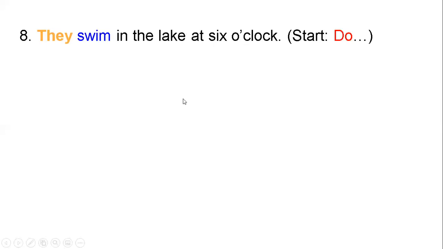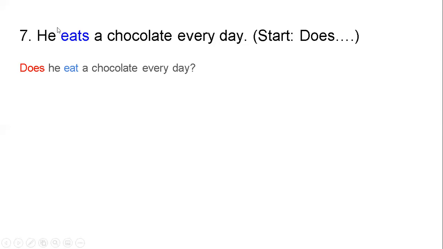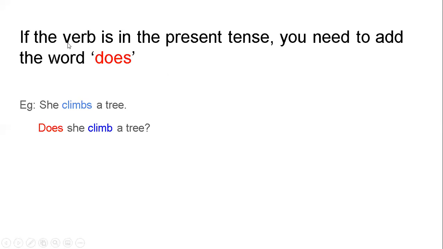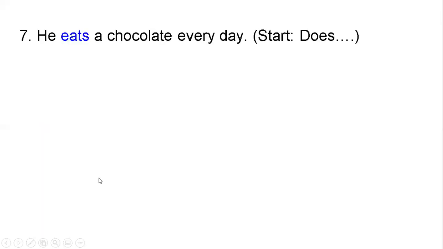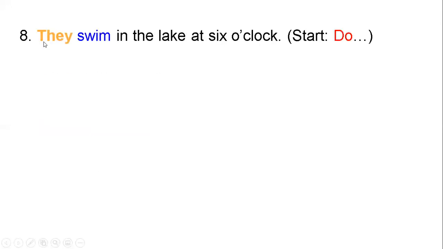Okay? Now, suppose you have many people. See, in the previous sentences, you had only one person, he. Then in the previous one, you had she, just one person. So you used the word "does" because there is one person. Even here, it's "does" because there's one person, he. Now, what happens if there is more than one person?